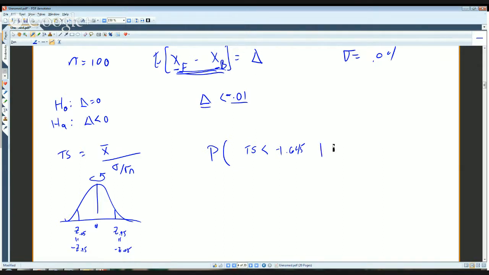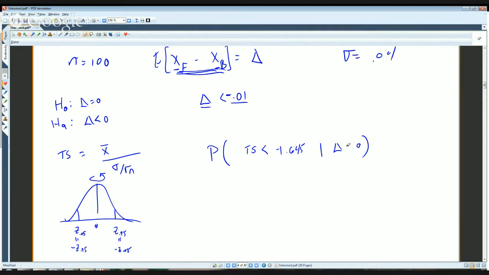Under the null hypothesis that delta is 0, this has probability 5%, because we calibrated it that way by choosing this quantile, right? We want the probability of rejecting to be small. But under the alternative hypothesis, that is no longer 5%.